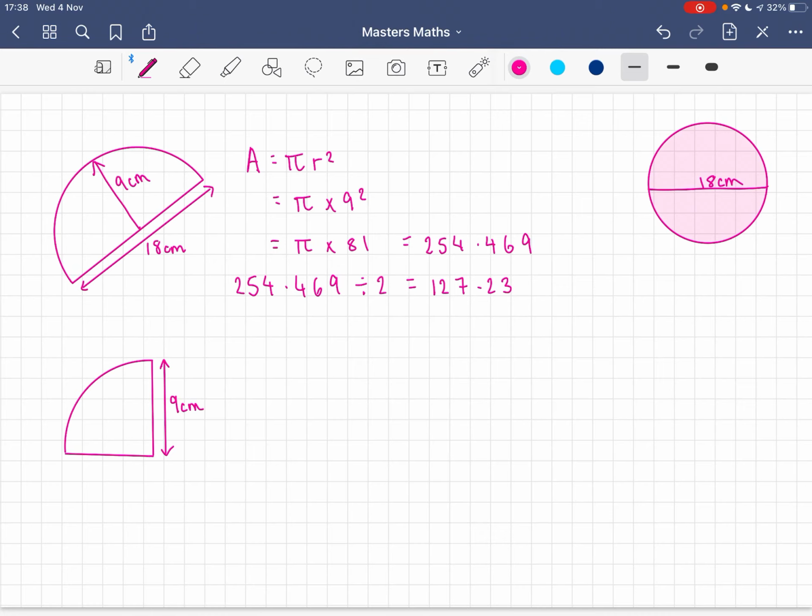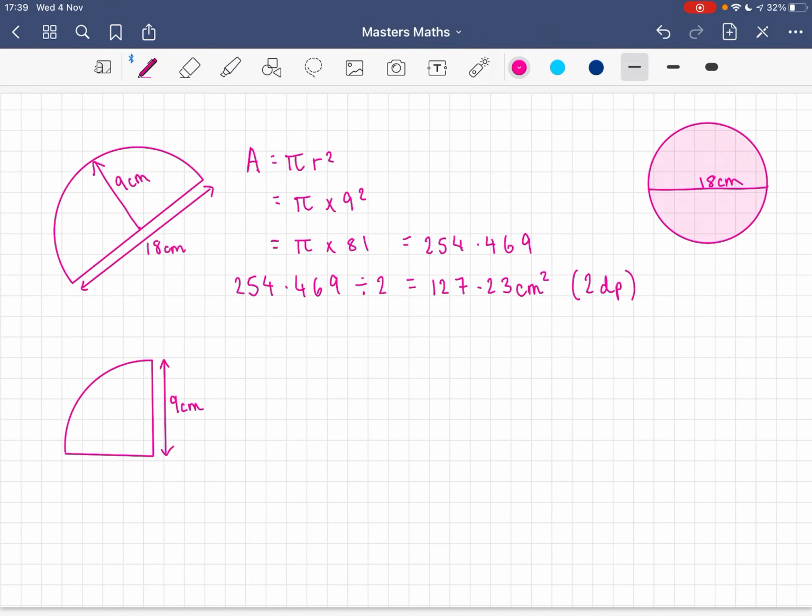To 2 decimal places. Remember your units, it's area, so it's centimetres squared, and I round that to 2 decimal places. Easy. Okay, so you're using the same formula, all the same steps until you get to that very last bit, and we're just remembering to half the area that we've got because we only have half of the circle.